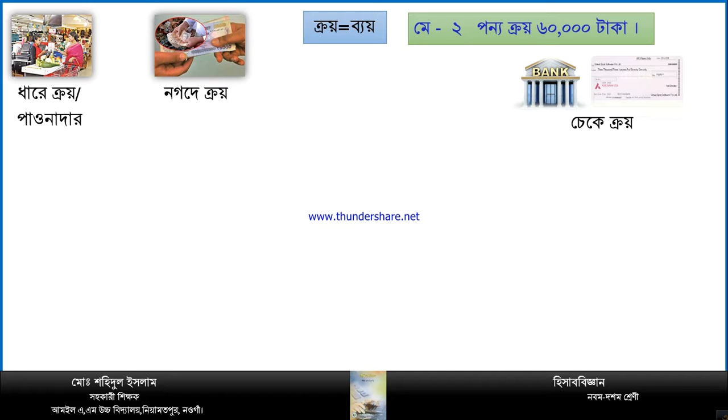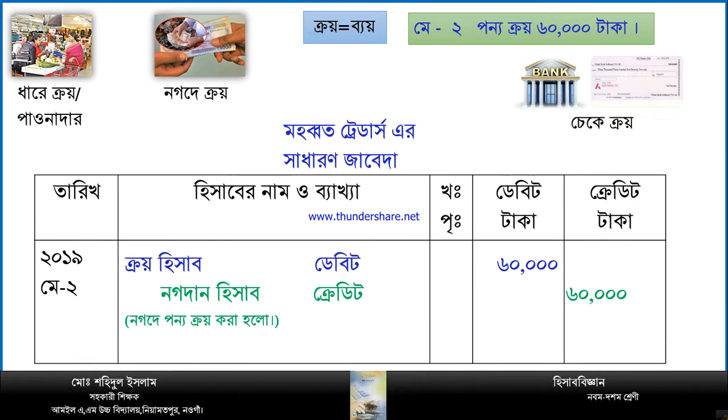So purchase is an expense, and it will be debit 60,000. Cash has gone out from your business. Cash is an asset, am I right? If any asset goes out from your business, it will be credit.